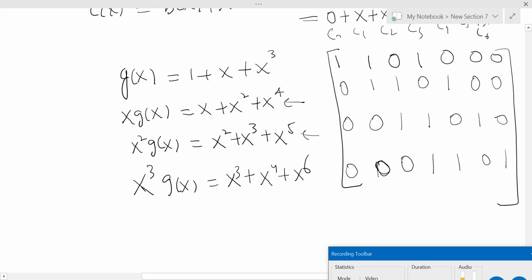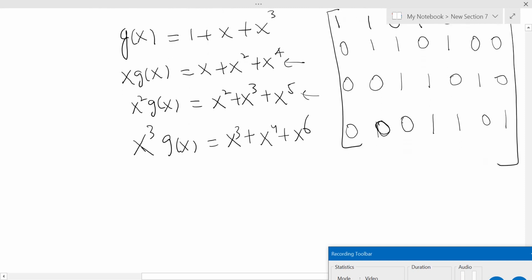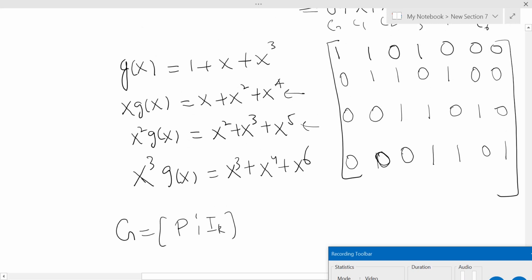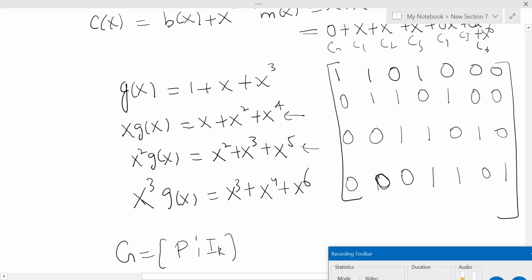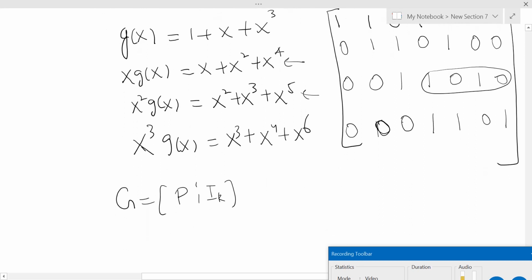But you might be confused that the generator matrix had a structure. The first part was the parity part, the other was I_K. But here you don't see that, okay? So you just have to do some manipulations, right?